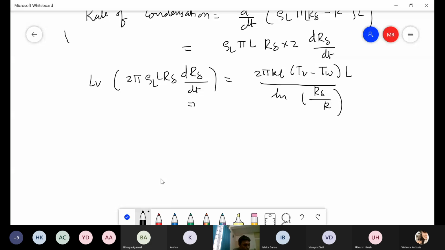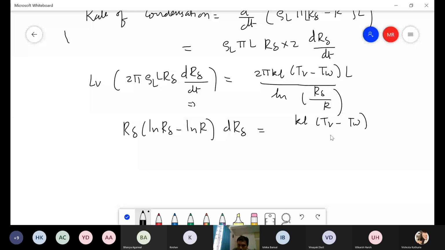If we rearrange this equation, this 2 pi will get cancelled out. So finally, the simplified form is r delta times (ln r delta minus ln r) d r delta, and on the right hand side k L (T v minus T w), with L v taken to the right hand side into rho L dt. This is just rearranging the terms here and there.